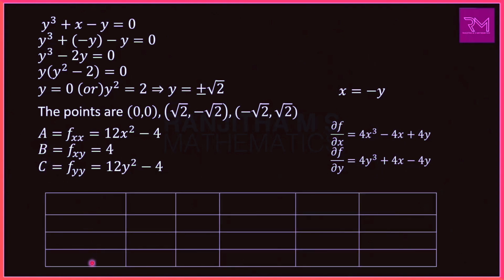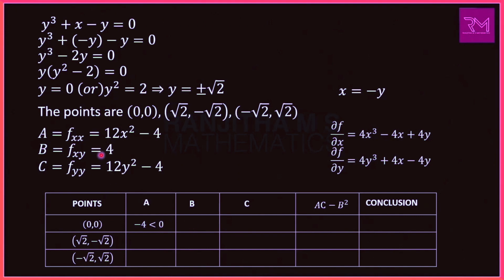After finding the A, B, C values, we have to construct a table. Hence, we have to construct 4 columns. Here, first is points, A, B, C, AC minus B square, and conclusion. Take the points as (0, 0), (root 2, minus root 2), (minus root 2, root 2). To find the A value, substitute x is 0 and y as 0. Hence, we get A value as minus 4, that is less than 0.